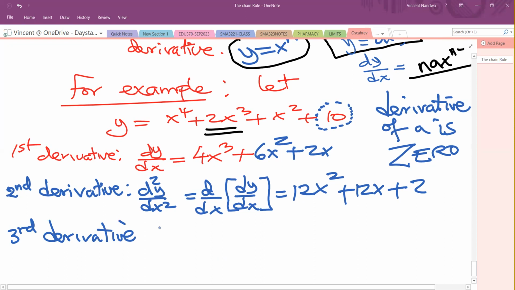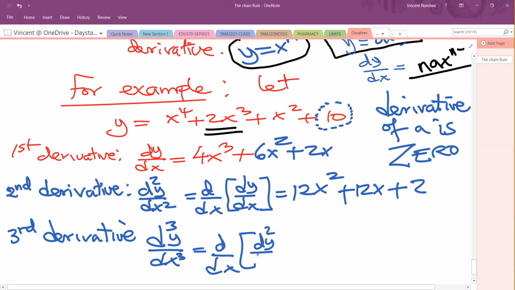means we differentiate the second derivative. So d cubed y dx cubed is d dx of the second derivative.